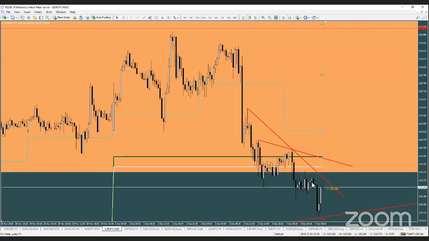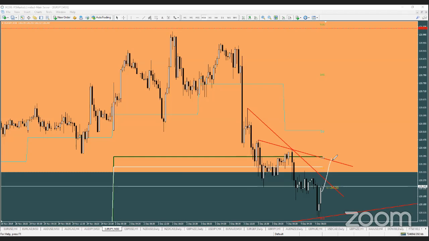So here's the way I'd look at this. Apart from what I've already said, exactly the same scenario off this trade line. So let's get back up to here, either hit the weekly pivot, the trade line, or the monthly pivot, or all three. Who cares? Then come back underneath this one.